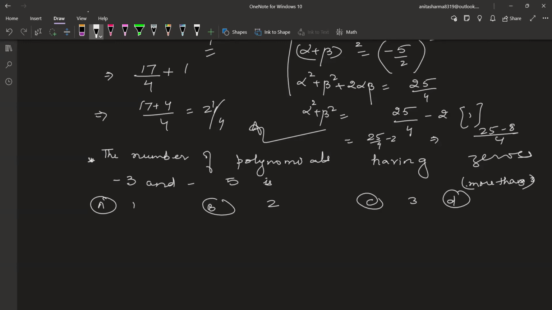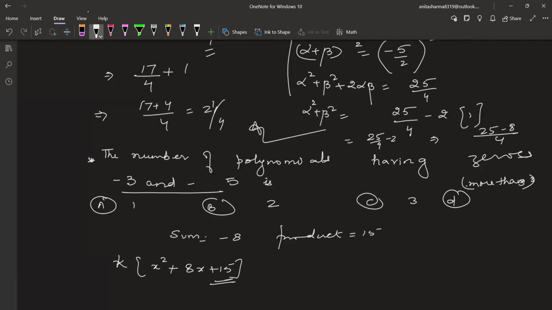See here, children. With these two zeros, you can form a polynomial, right? Sum will be -8 and product will be 15, right? So you can form a quadratic polynomial like this: x square plus 8x plus 15, right? So there may be so many values of k.